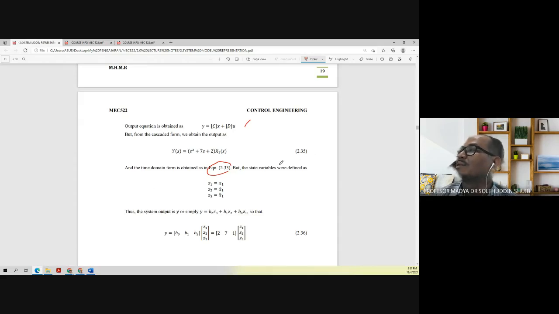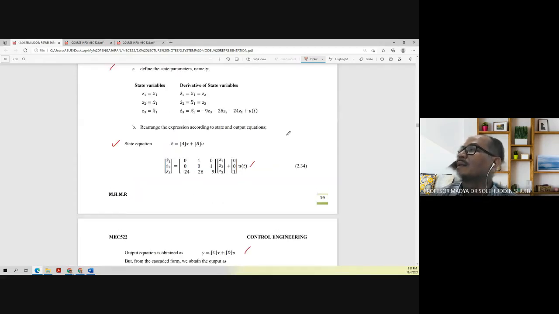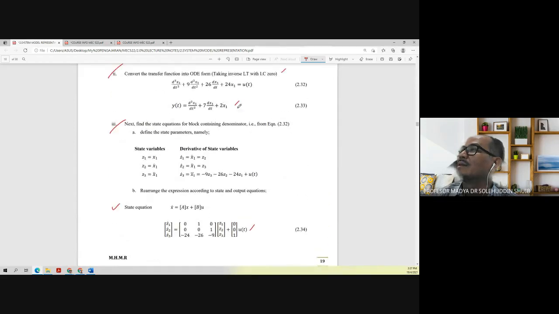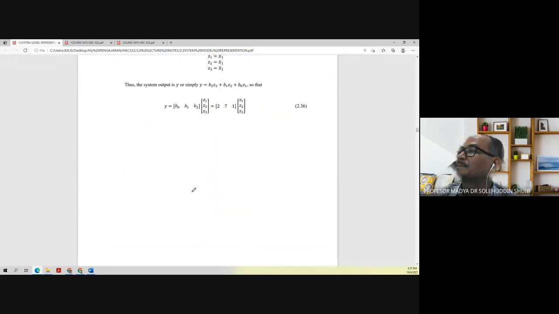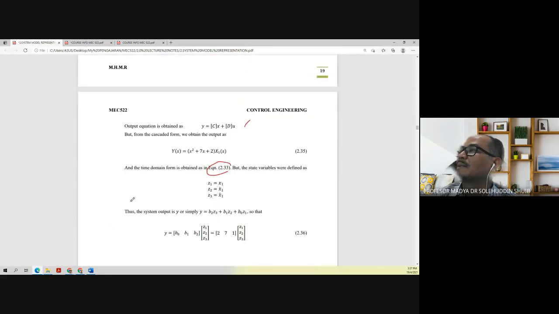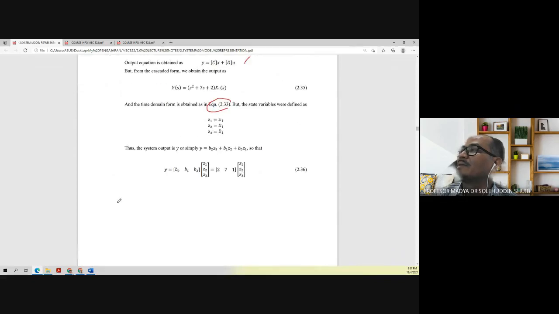Just now we obtained 2.33, and then we need to define the output in this form.